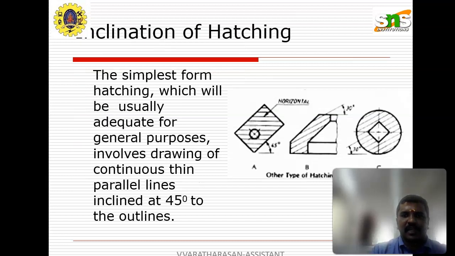The simplest form of hatching, adequate for general purposes, involves drawing continuous thin parallel lines inclined at 45 degrees to the outlines. Other hatching line inclinations are horizontal and 30 degrees.